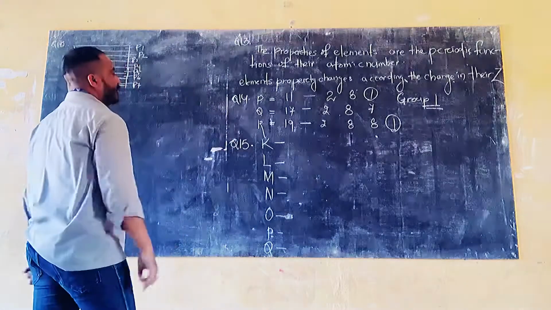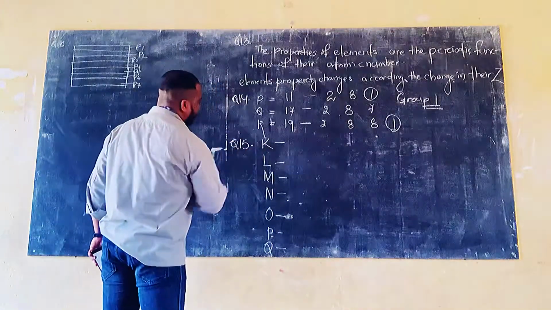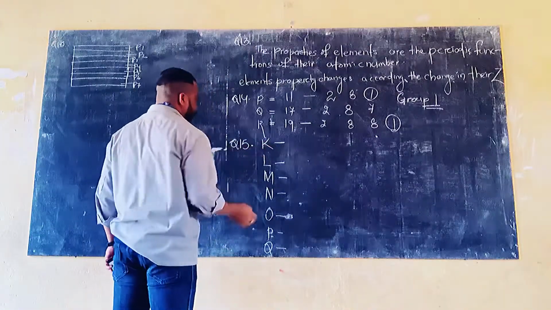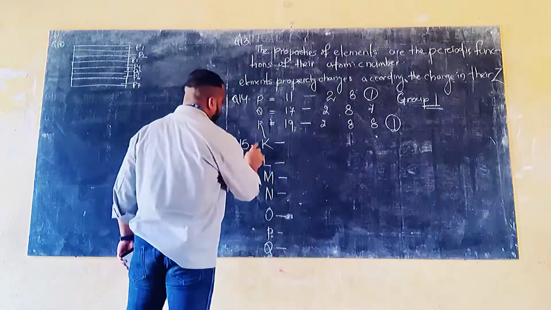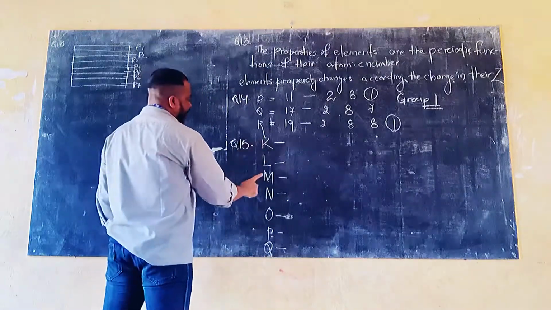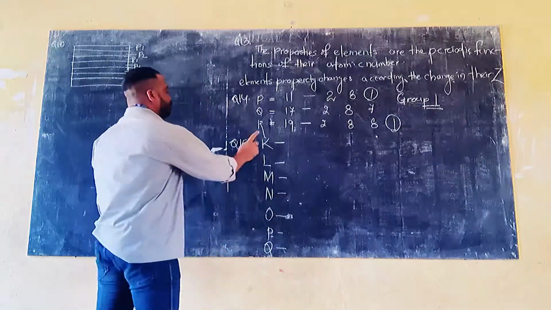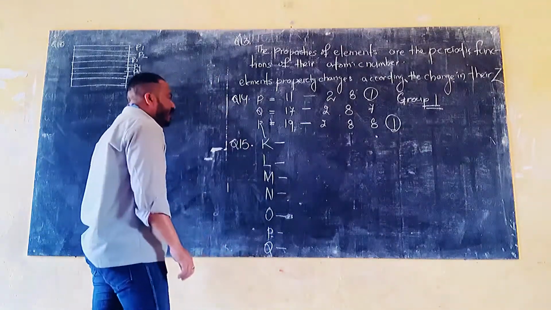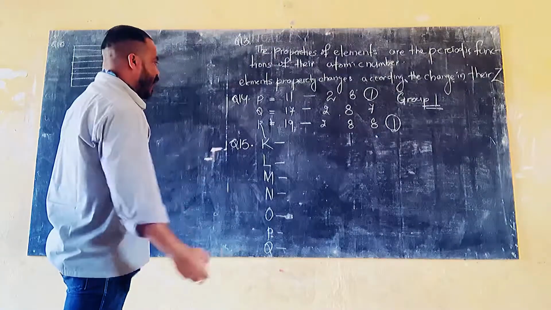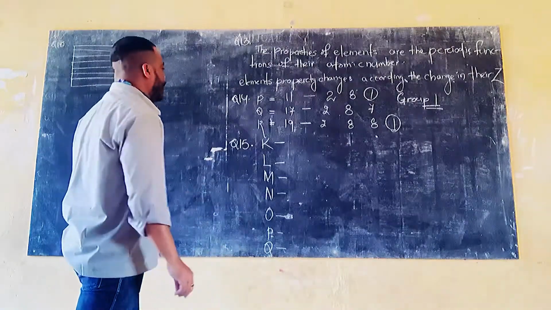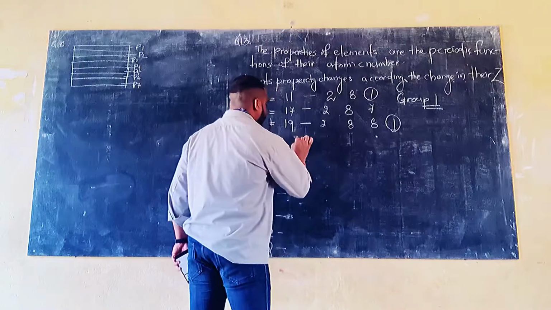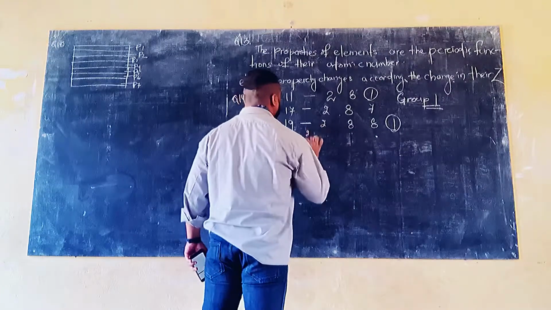The question is about shells. Just forget the period here. K shell, L shell, M shell, N shell, O shell, P shell and Q shell. How many electrons can the K shell hold? What is the formula? The formula is 2n squared.